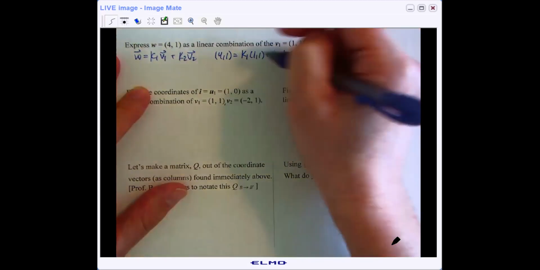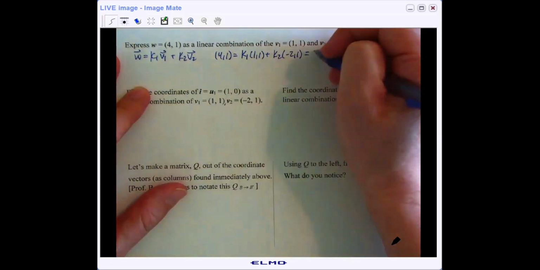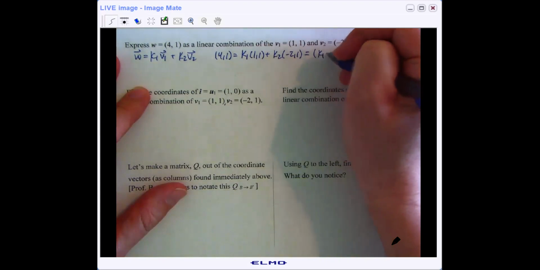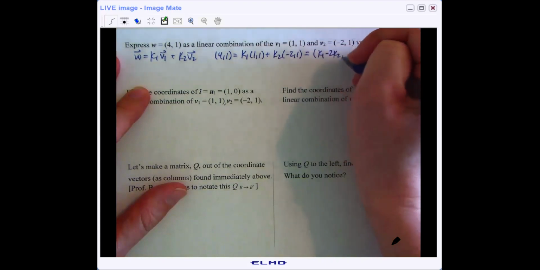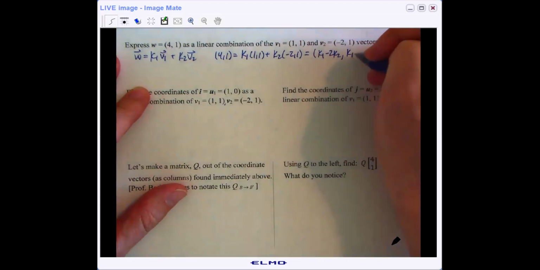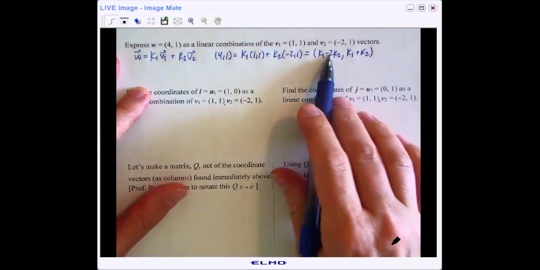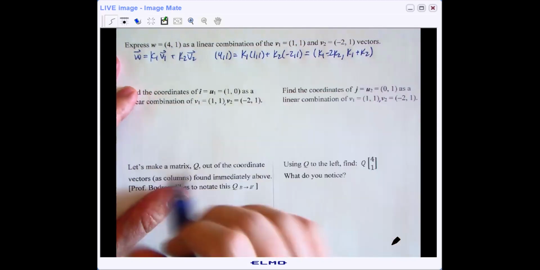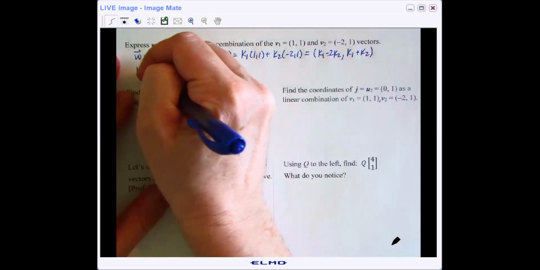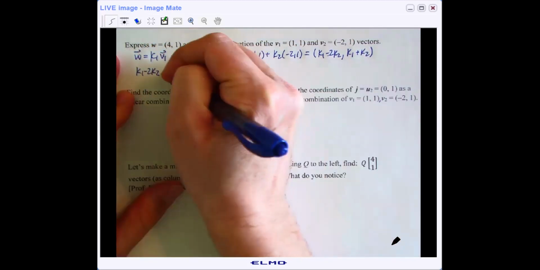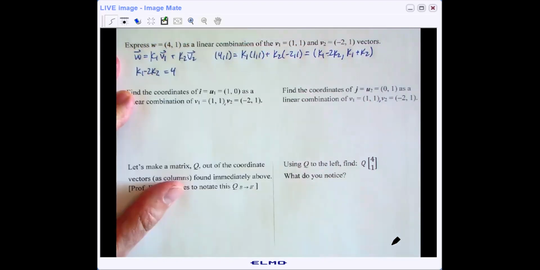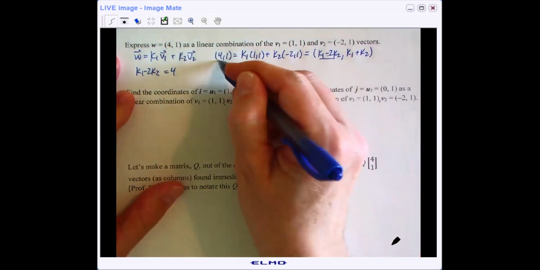And if we do the algebra on the right-hand side, we get K1 minus 2K2 and K1 plus K2. And if these are in fact equal, then we see that K1 minus 2K2 is equal to 4, so that the first components are equal.